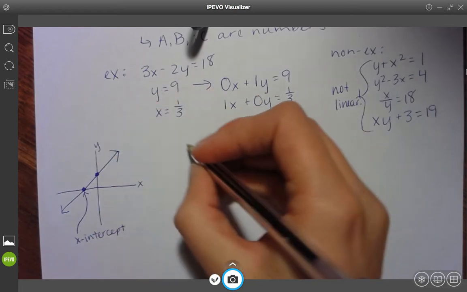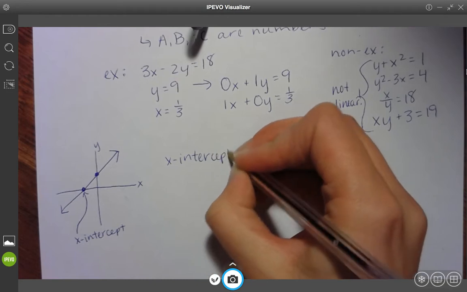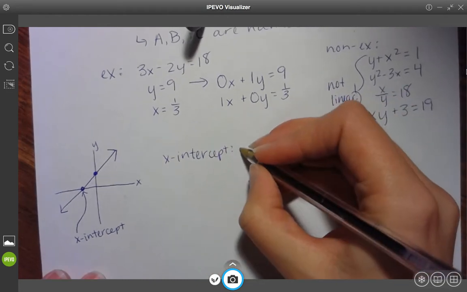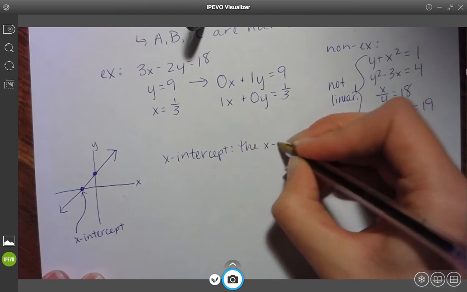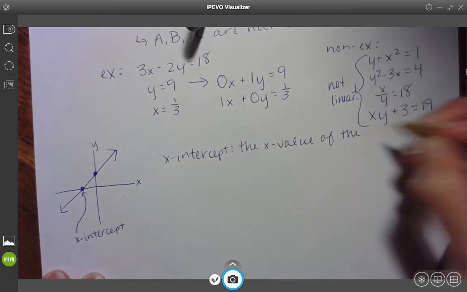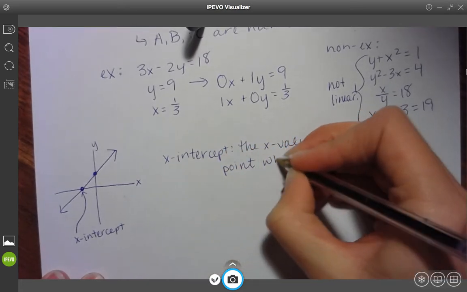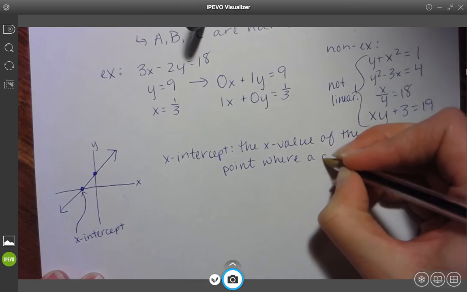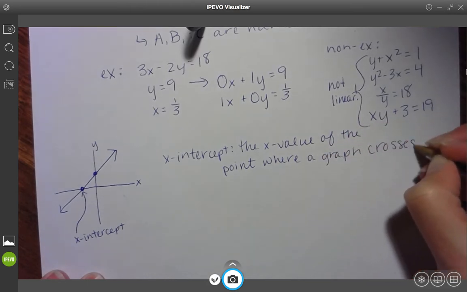The x-intercept is the x value of the point where a graph crosses the x-axis.